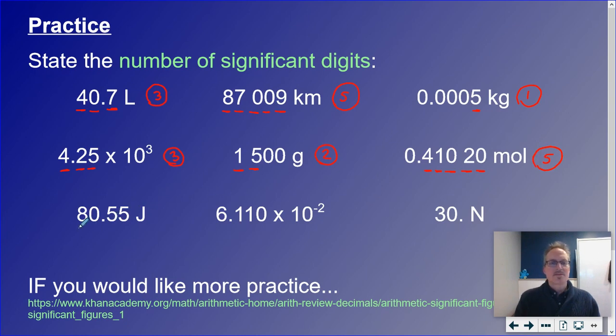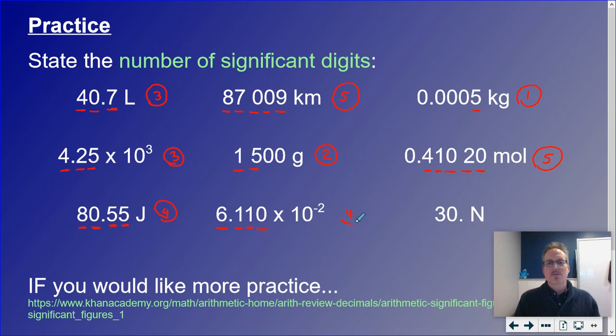In 80.55, we have a number, a number, a number. Since the 0 is between 2 numbers, we're going to count it. So this one has 4 significant digits. We have a 6, a 1, and a 1. This 0 is at the end. I look, there's a decimal in this number, so we are going to count it.